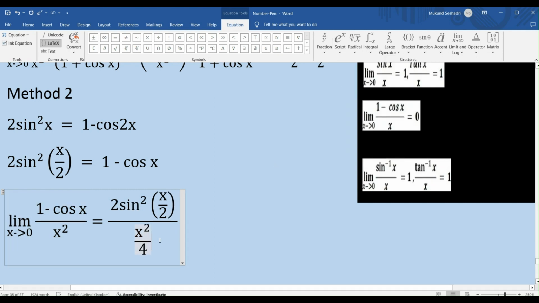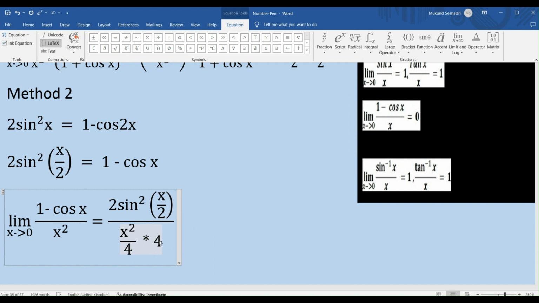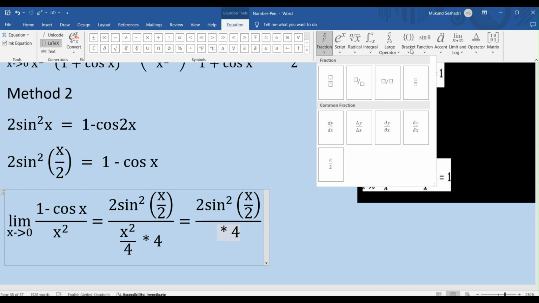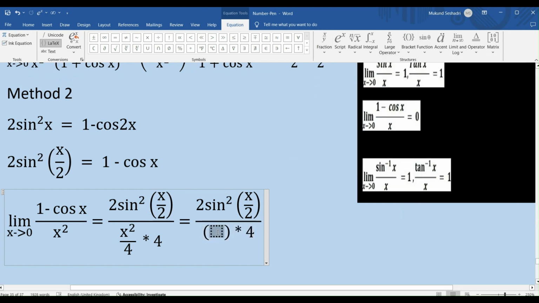And what is this? This is nothing but x by 2 the whole square. I'm going to bracket this, x by 2 the whole square.